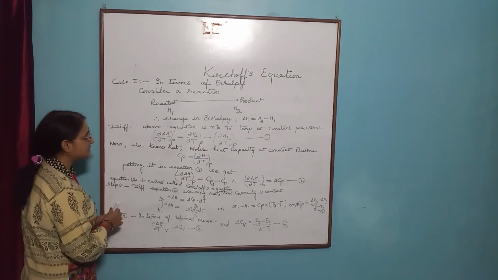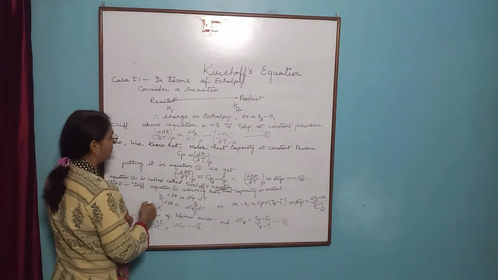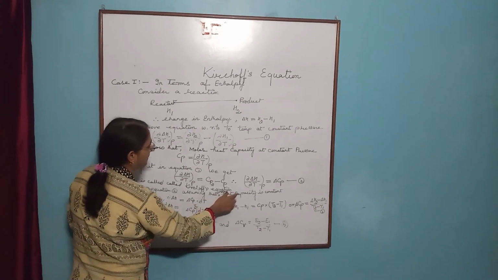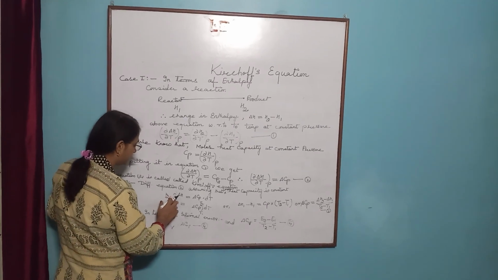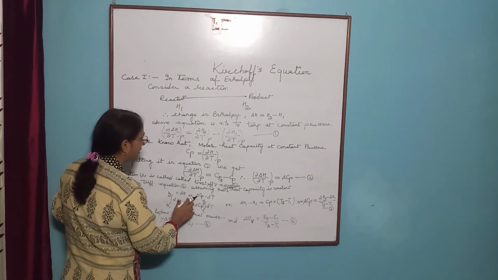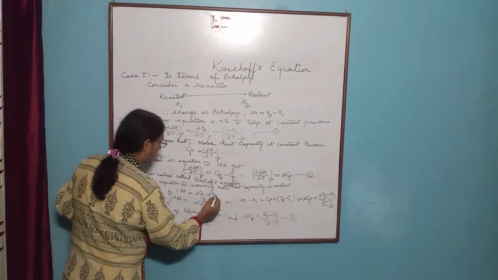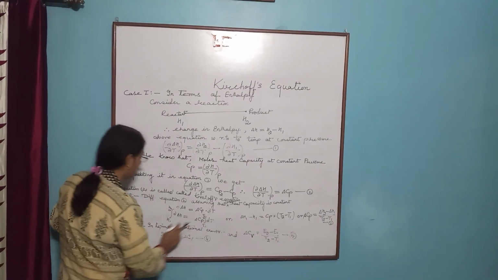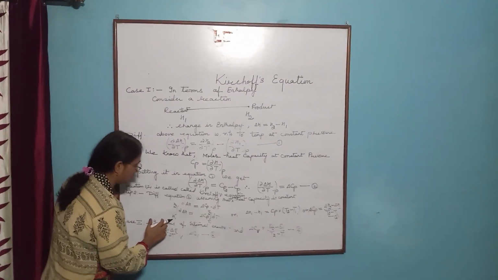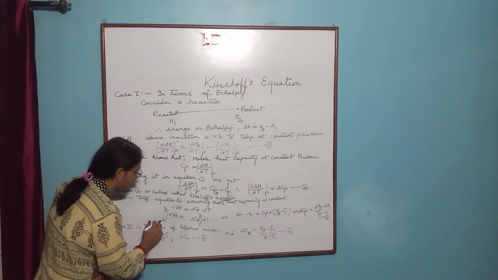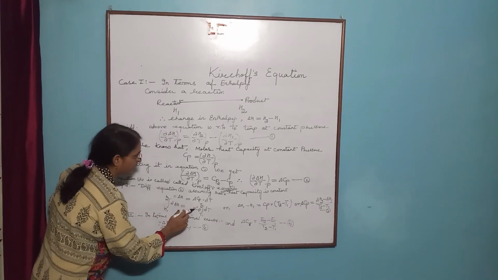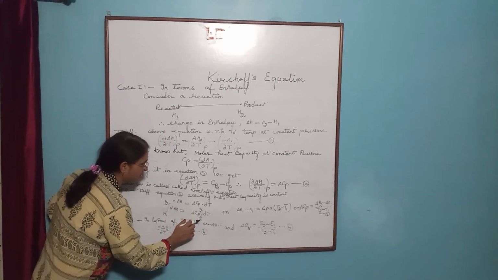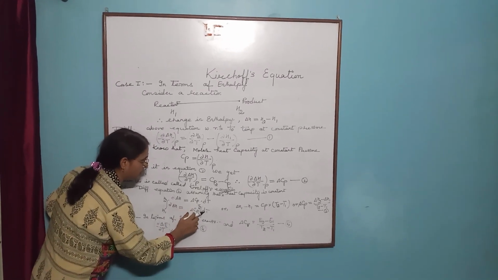Now, rearranging equation 2, assuming that molar heat capacity is constant, d(ΔH) equals ΔCp into dT. Now, integrating this equation with the limits H1 to H2, the integral of d(ΔH) equals ΔCp times the integral from T1 to T2 of dT.